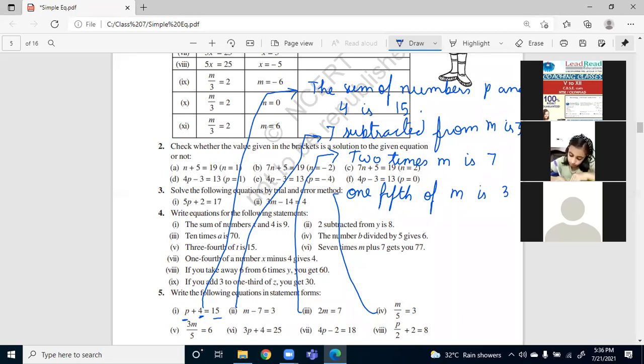Ma'am, the answer of fifth will be 3 times M by 5 is 6.